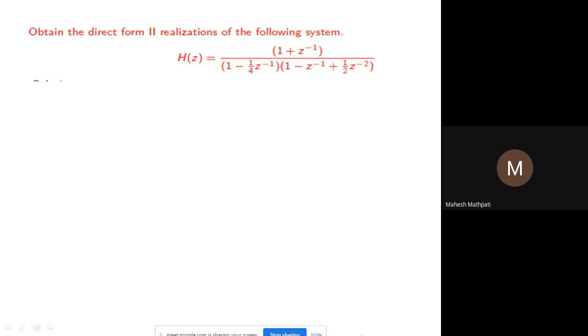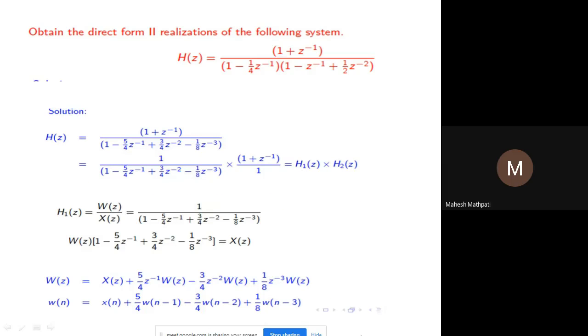Yes, has anybody got the h of z expression? Nara?